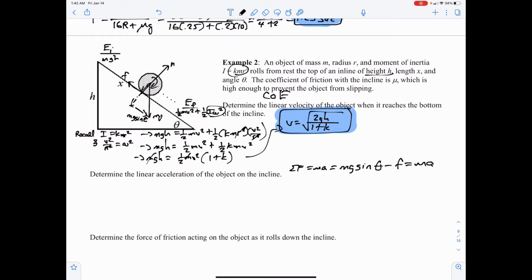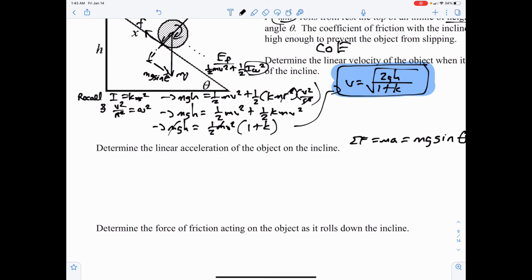We don't know what the force of friction is yet. So doing it this way won't help us just yet. We need this, but we'll use that for the next part of the problem. Okay, but here, determine the linear acceleration. Well, let's use kinematics.